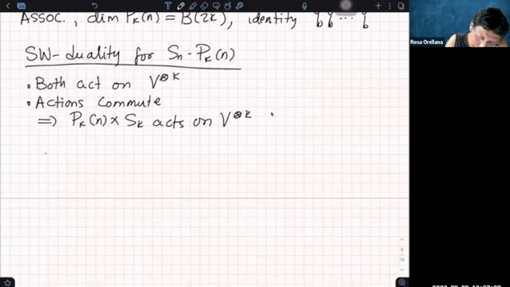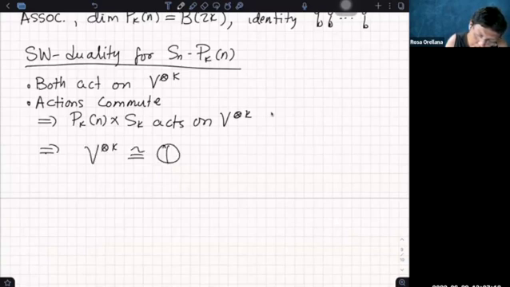which implies that if you decompose V tensor K, you should get a sum over lambda, a partition of n, where if you add lambda 2 all the way to lambda L, this is less than or equal to K. That's how the numbers come in here.